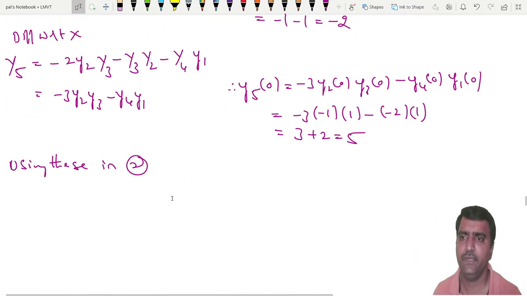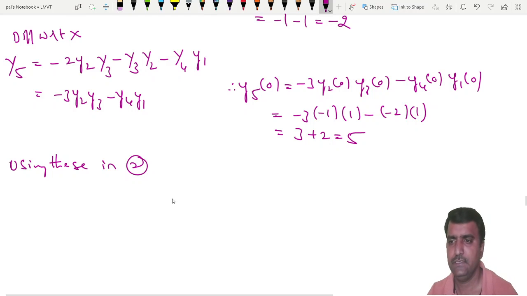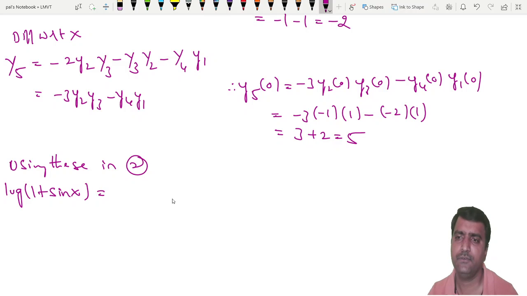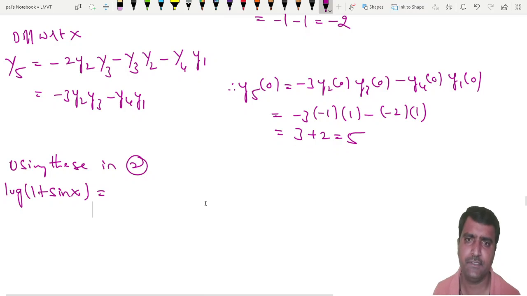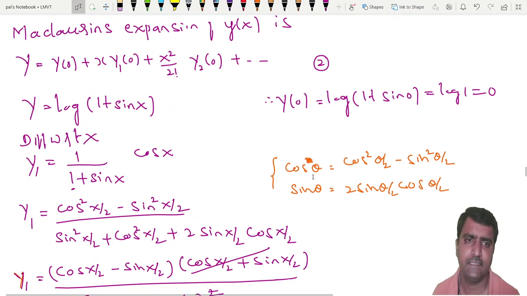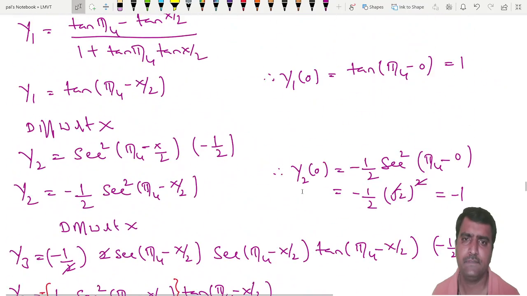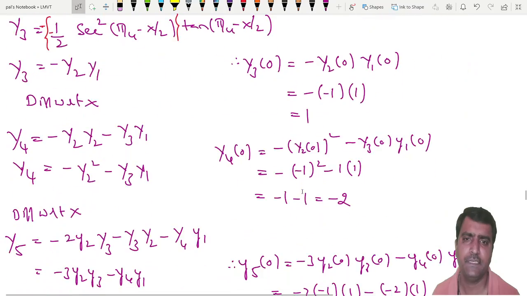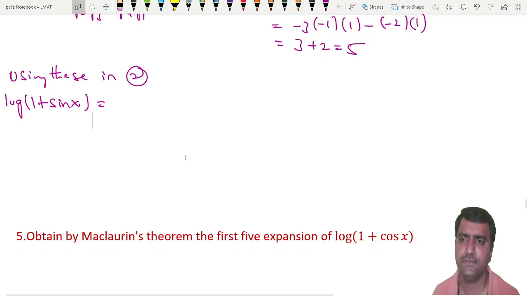So then we have y of x, log of 1 plus sin x, is equal to y of 0. What is y of 0? y of 0 is 0, I think. So initially find what y of 0 is, yes it is 0, plus y1 is 1, y2 is minus 1, y3 is 1, y4 is minus 2.